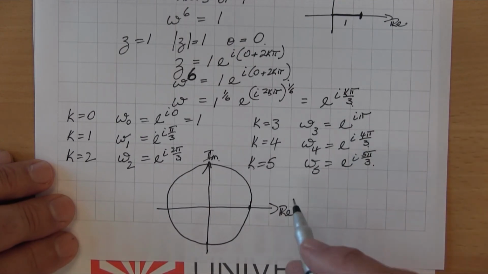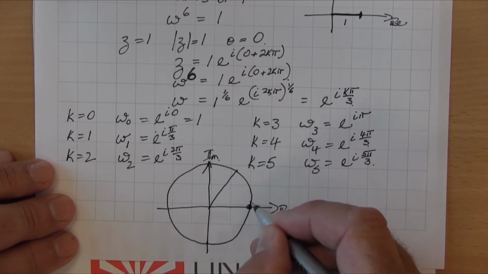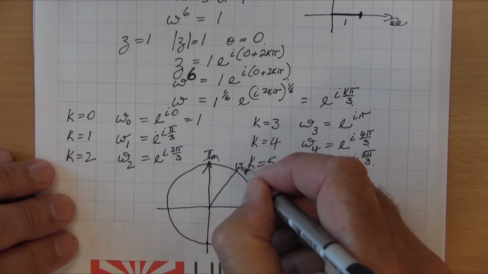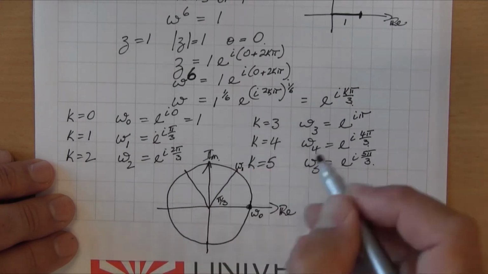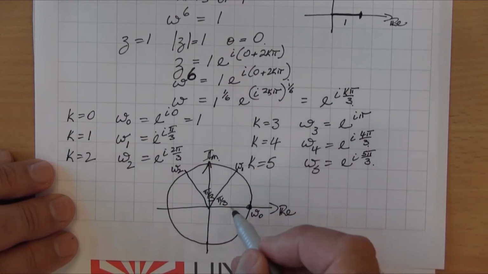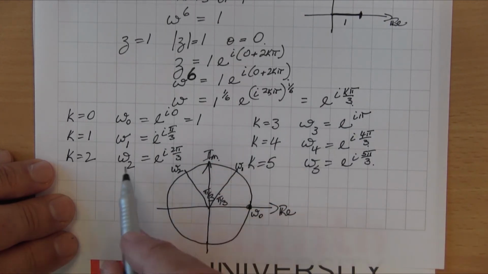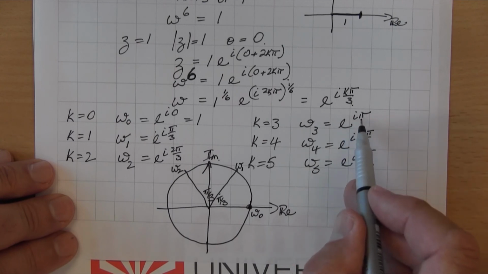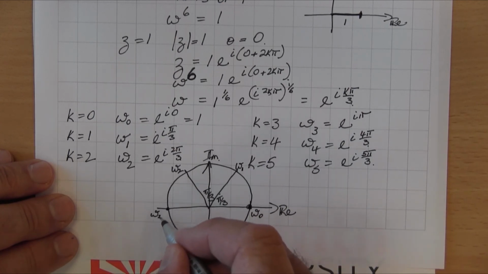So the angle between each of these roots is going to be pi on 3. If we go up pi on 3, we've got w0 out here, w1, and that'll be pi on 3. This is w2, this is pi on 3, because if you add pi on 3 plus another pi on 3, you get 2 pi on 3, which is w2 here. w3 is e to the i pi, so the argument is pi, so that'll be out here, w3.